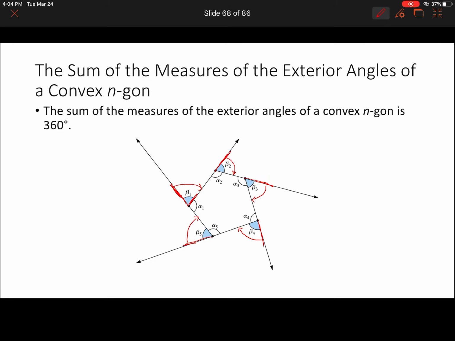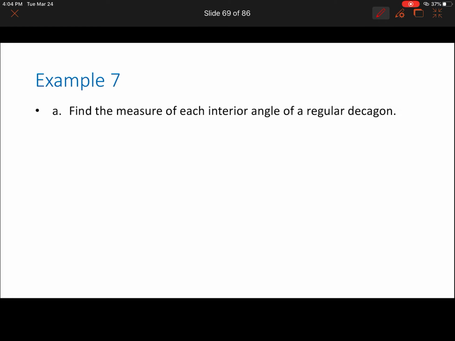And so no matter how many exterior angles there are, the sum of those has to be equal to 360 degrees. So with that in mind, look at this example.